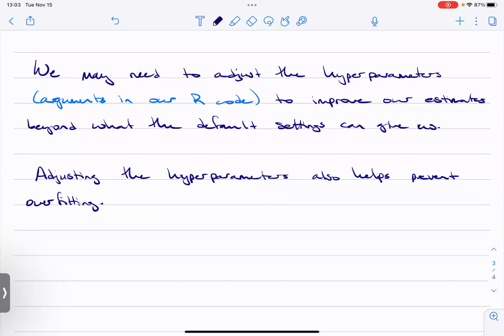You've probably heard the terms bagging and boosting. They're both ensemble methods, but we're going to focus on bagging, and we don't really need to do a lot of tuning.